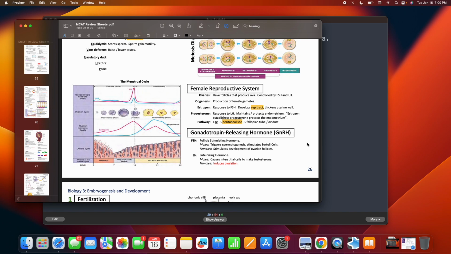During the luteal phase, progesterone is the main peak, because LH stimulates the production of progesterone. LH causes interstitial cells to make testosterone in males, and in females it induces ovulation.